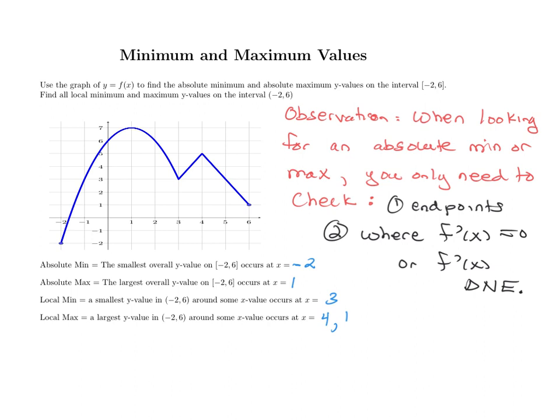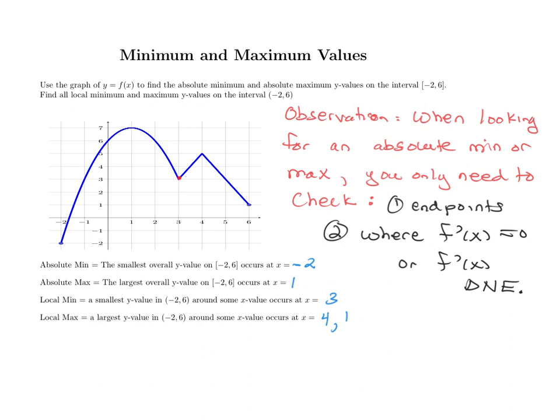Notice in this example, the absolute min occurred at an endpoint of -2, and the absolute max occurred at this spot right here. This spot is where the derivative is equal to 0, and this spot over here occurred at an endpoint. You would never have to check any spot, let's say, in between here and here, because the function is always increasing. So you need to check where the graph might change directions, which is here, where the derivative is 0.